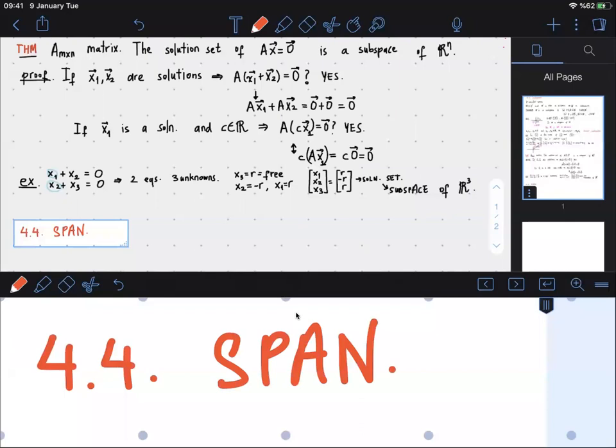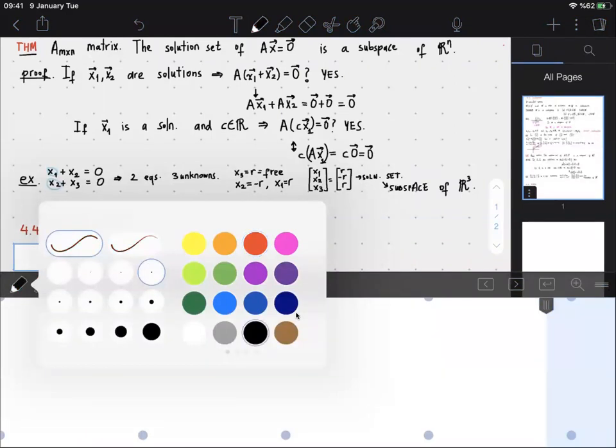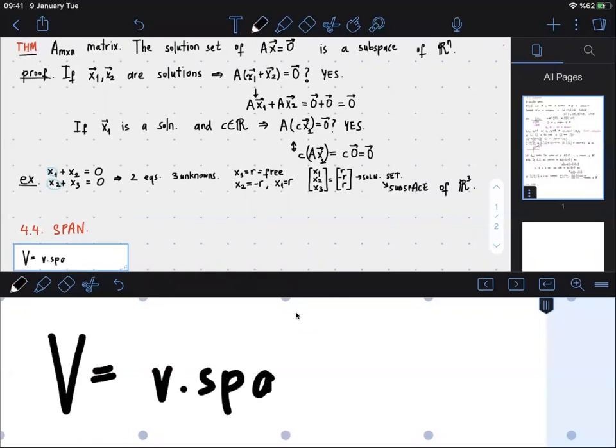Okay, so let me give a definition. So we always start with a vector space. And we have some vectors in that space.